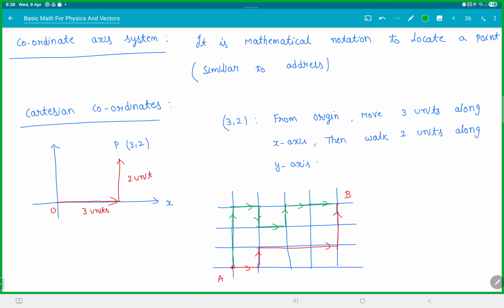So you cannot travel in any other weird direction. So in Cartesian coordinates, we travel along x or y. You just cannot go through the middle of the road.